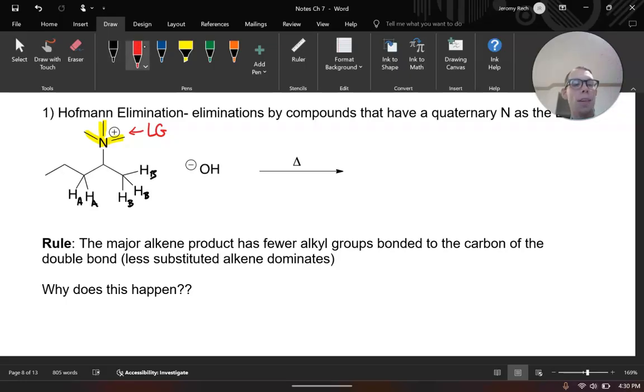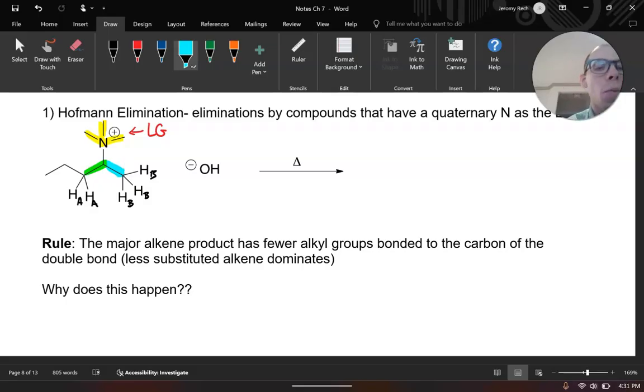If we abstract our HA, and we had a double bond right here where this green would be, that would end up being a di-substituted double bond, because I would have 2 carbon stuff connected to it. If instead I abstracted the HB, we would form a double bond over at the blue spot, and that would give a mono-substituted double bond.